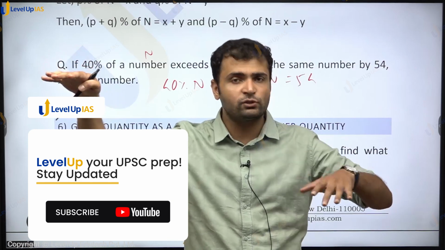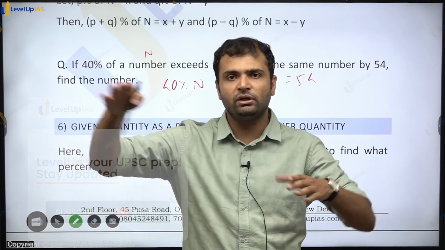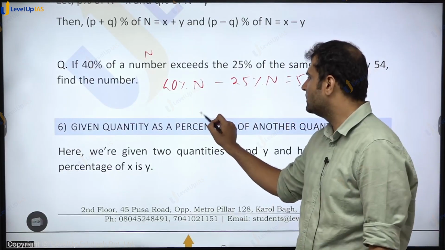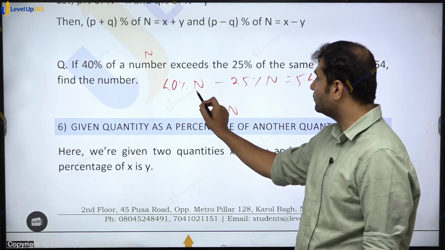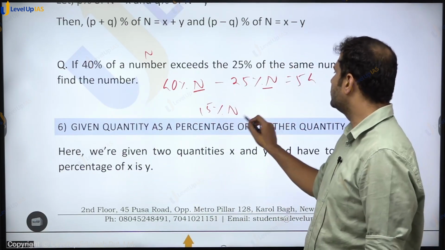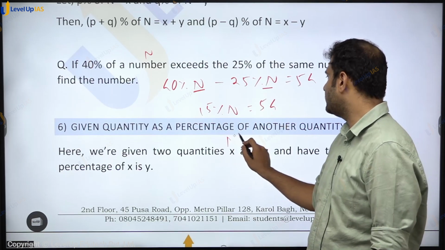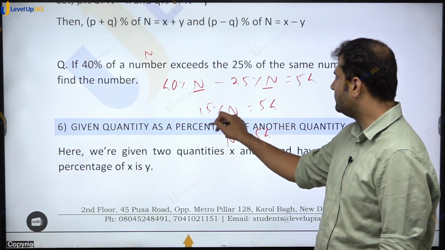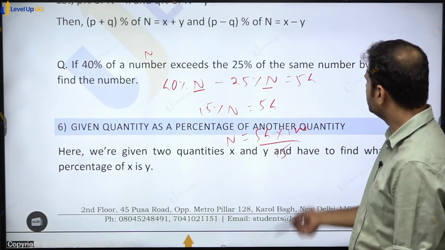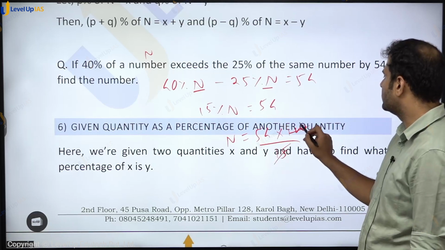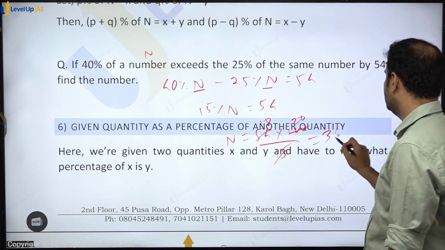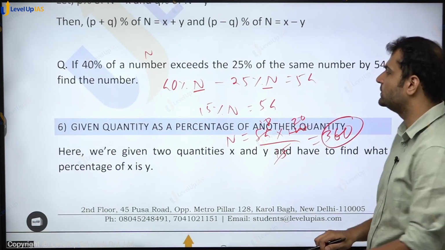It says this quantity exceeds that quantity by 54, which means the difference between the two is 54, so this is equal to 54. 40% minus 25% is 15% of n, because we are taking a percentage of the same quantity, so directly it can be subtracted. So 15% of n is equal to 54, so n will be 54 into 100 divided by 15. We can divide by 5, 20 comes here, then divide by 3, 18 comes here, so it is 360. Answer would be 360.